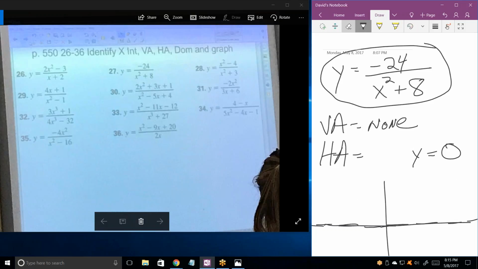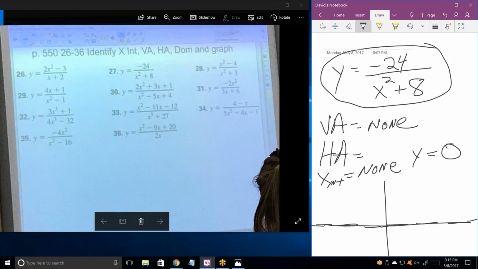So the x-intercepts are none. The next thing it wants, vertical asymptotes, none. Horizontal asymptote, y equals 0. Domain and the graph.